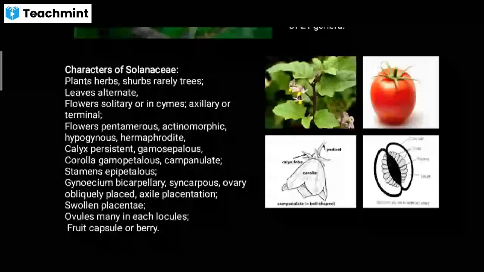You have to see in the fourth figure there is the axile placentation, that means they are attached to the central wall, and they have a swollen placenta in between the two walls of the ovary. At the center there is the placenta. Then ovules, with many locules: you can see there are two locules, and in those locules many ovules are present.